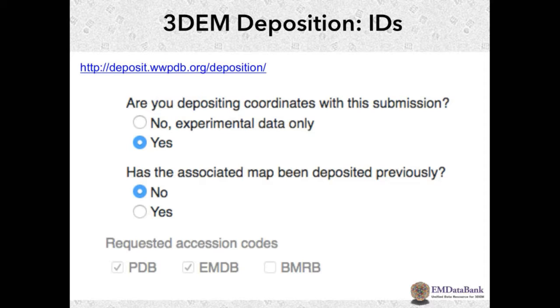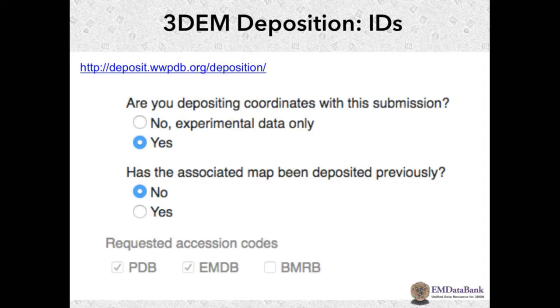If you say yes here, it will ask you a few additional questions because it's now required to have a map associated with a PDB deposition. And if you say yes, it will ask you questions that allow you to link it to a previous deposition of a map.